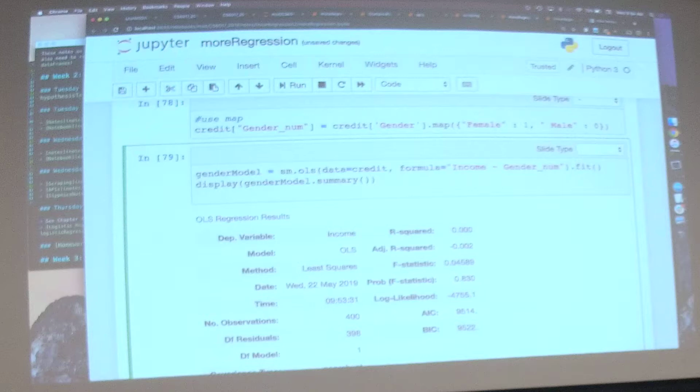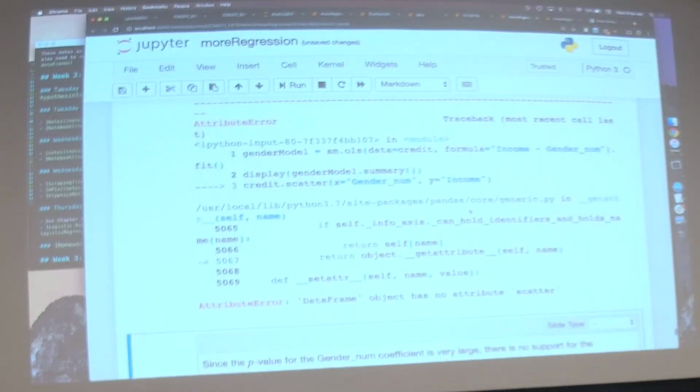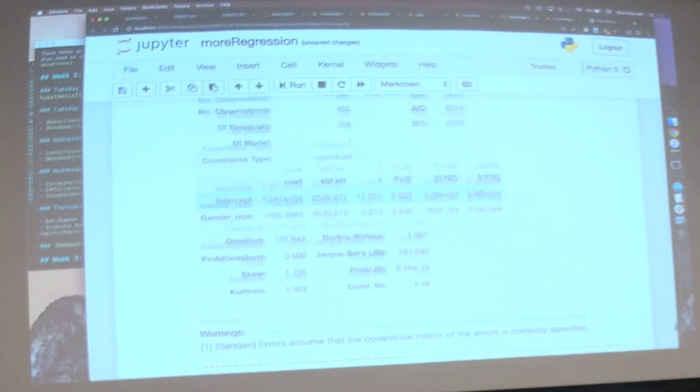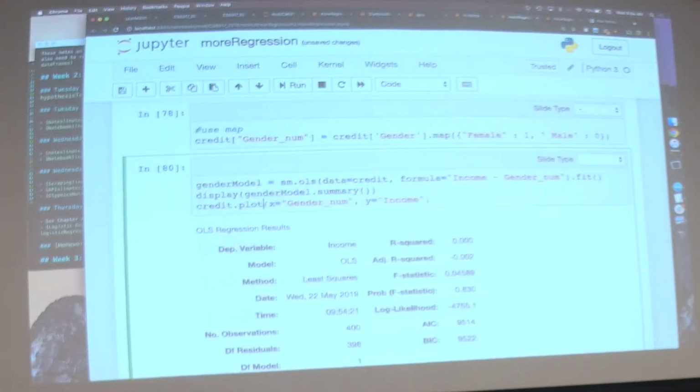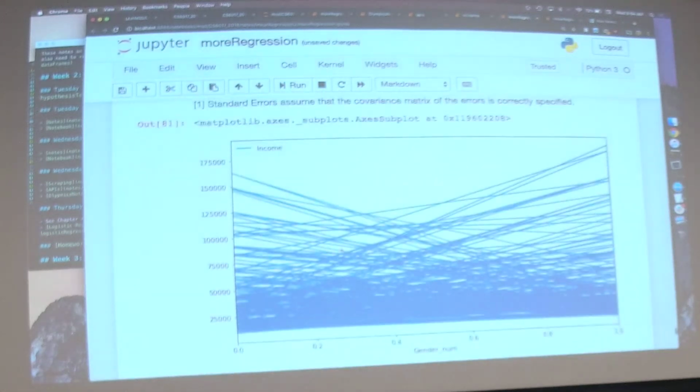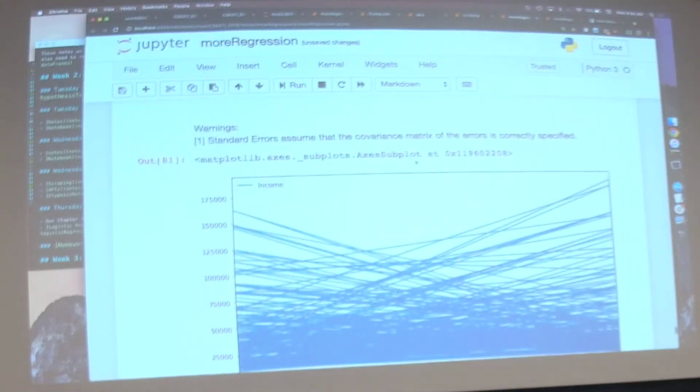I'm curious, let's do a little scatter plot here. That doesn't seem right.